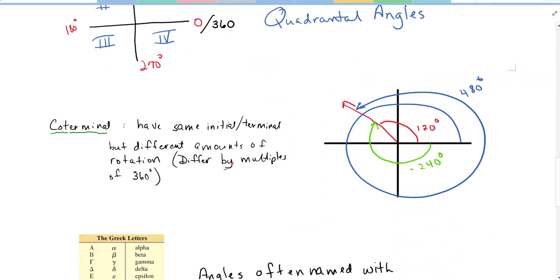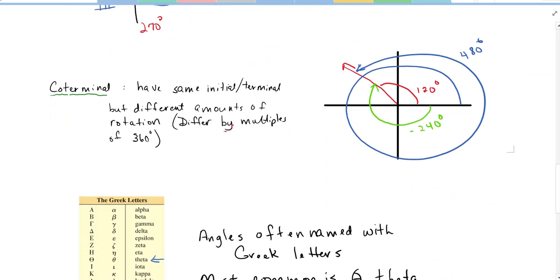Now, coterminal angles have the same initial and terminal sides, but different amounts of rotation. In other words, let's look at this red angle. This is 120 degrees. So we went past 90 and we're over here. And so this red angle is 120 degrees.